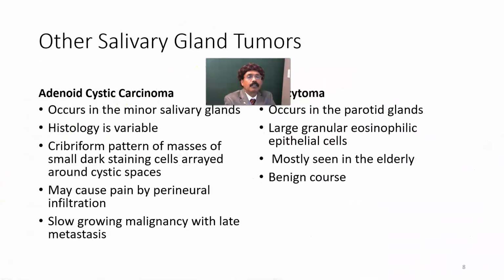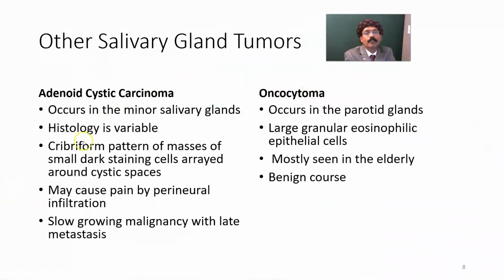Another salivary gland tumor, adenoid cystic carcinoma, occurs in the minor salivary glands. We know that minor salivary gland tumors have a tendency to become malignant. Histologically it is variable, with a cribriform pattern of masses of small dark-staining cells arrayed around cystic spaces. It may cause pain by perineural infiltration.